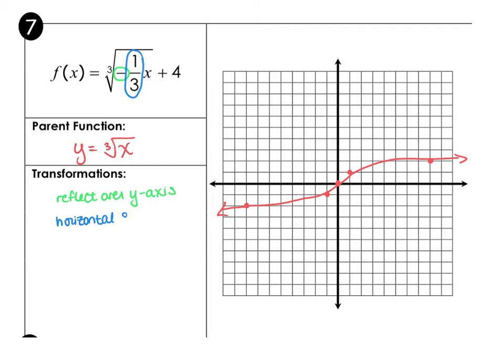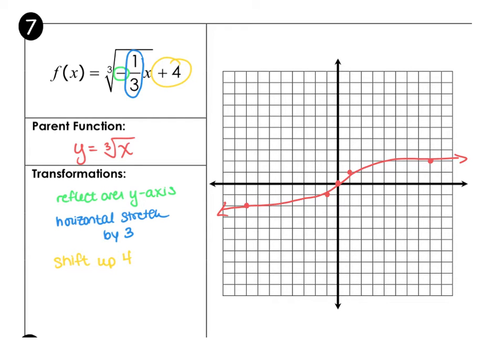And in this case, it's a horizontal stretch by 3. Remember, we take the reciprocal of that factor, so it's a horizontal stretch by 3. And then lastly, I have this plus 4, which will shift the graph up 4 units.